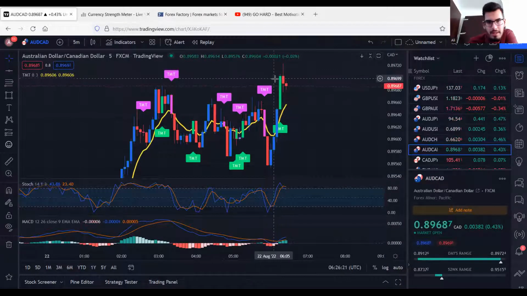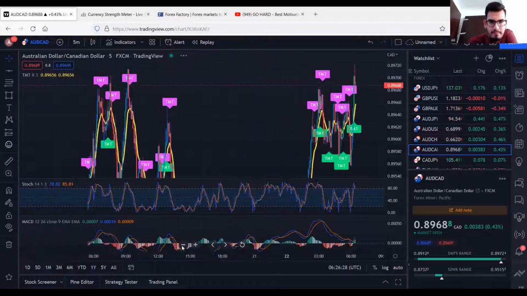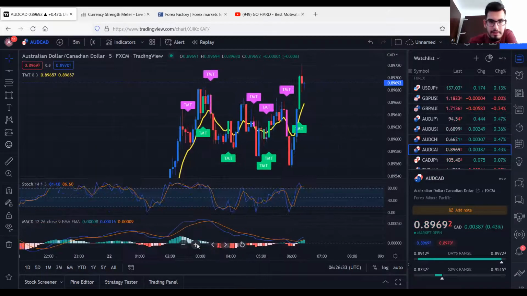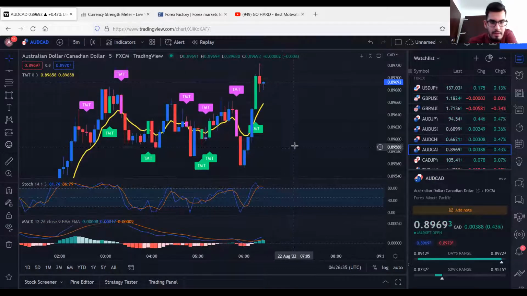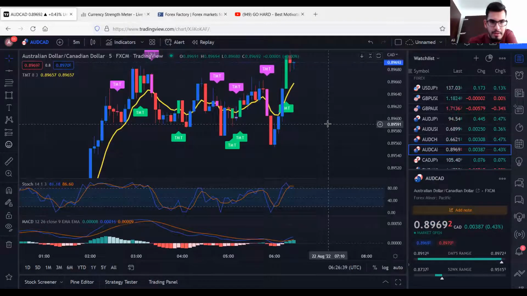That's the thing. It could have reached here for a pullback, this long green candle, and now it can start bouncing back down. Yes, that's what it's doing exactly. But that's fine. Let's look at a lower area where we can enter the market.